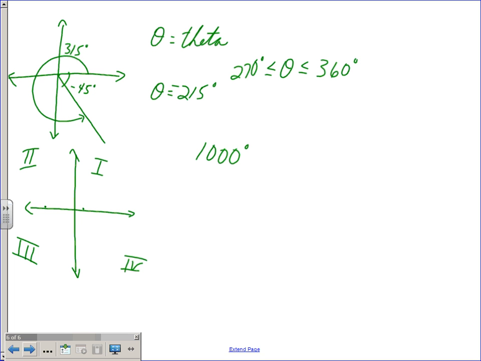That's 360, 720. Then what do we have left? 280, right? Here's 270. It's going to be right there. Okay?